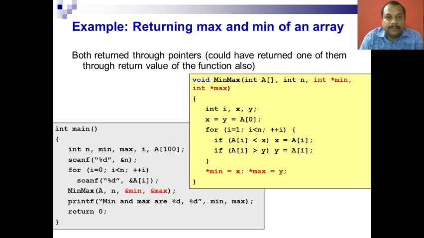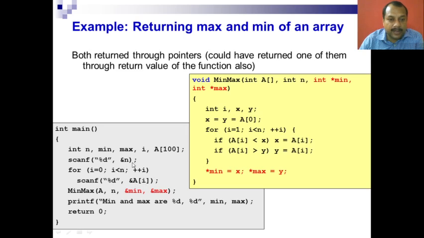Now here is an example of returning the max and min of an array, both returned through pointers. Similar to the swap function, here I declare the variables, then the array, then scanf %d for n, and for i equals 0, i less than n, plus plus i, scanf %d &a[i].